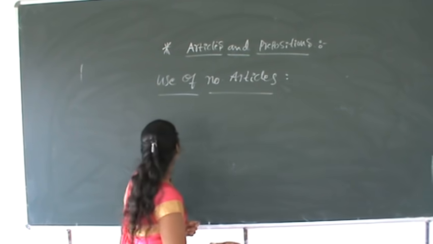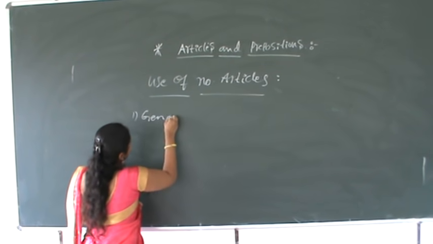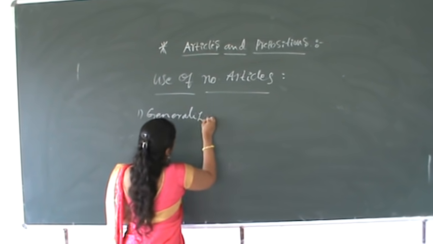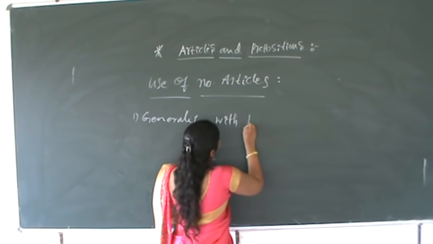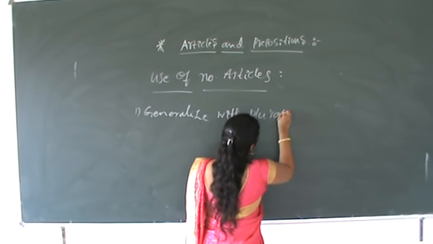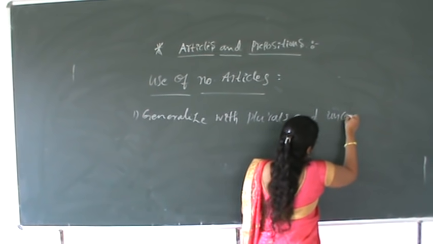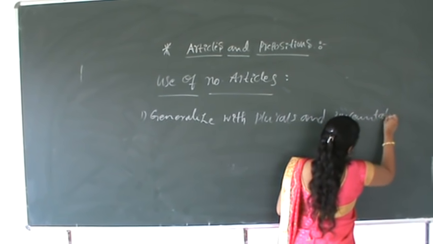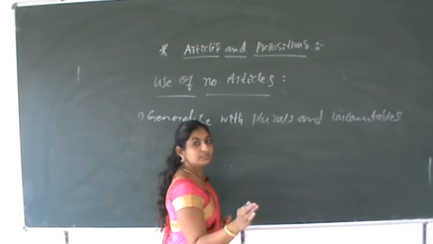For example, the first thing is before we generalize with plurals and uncountables. We are not going to use any articles.